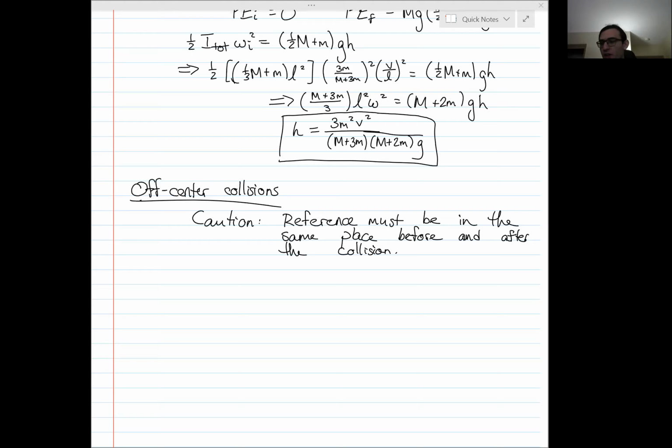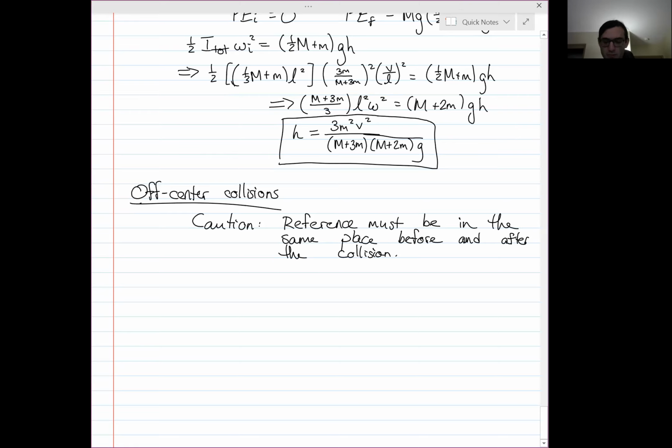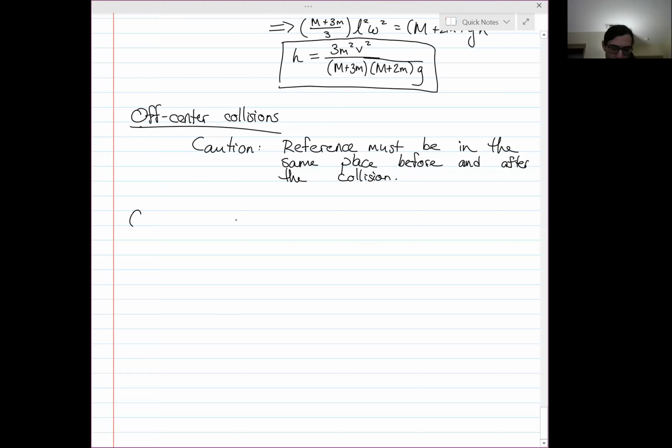I'll continue on while it loads. So we're going to talk about gyroscopic precession. And first I need to give some background.